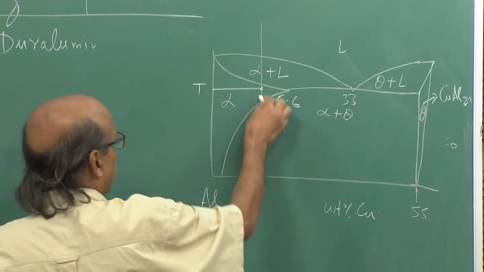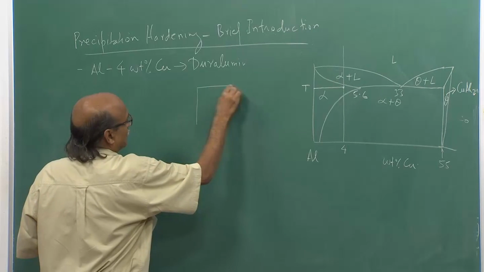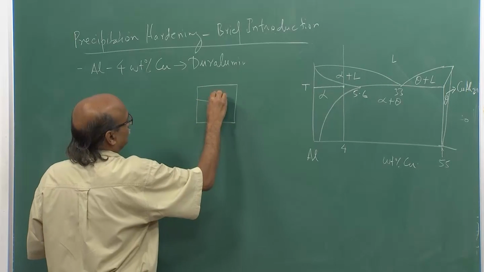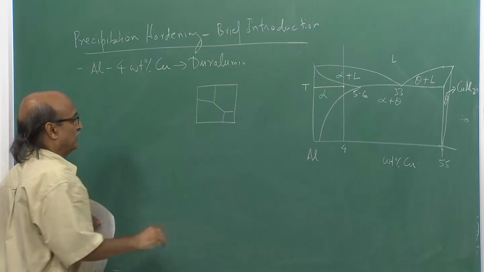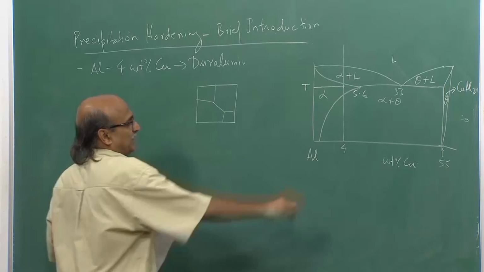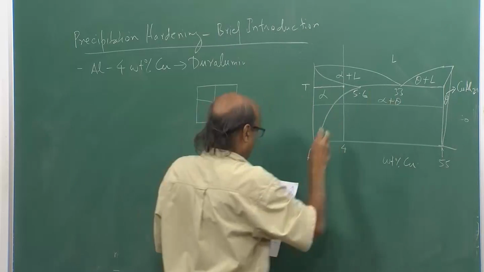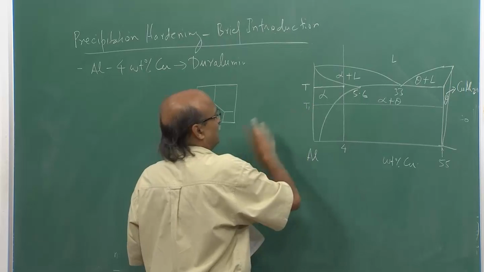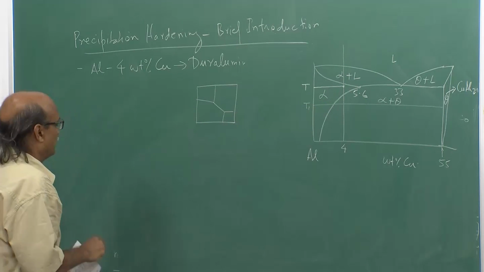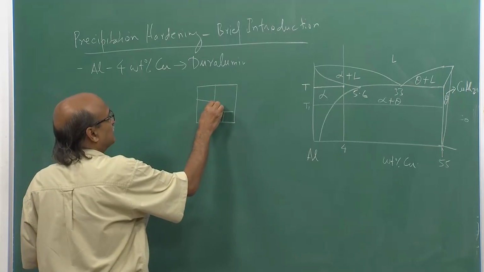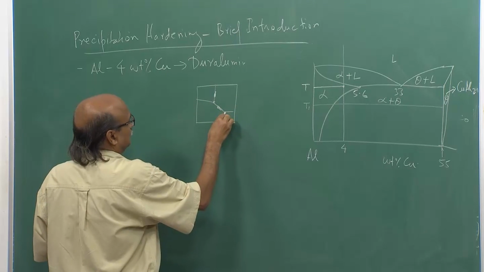If I start to cool down, then what should I get? Well, I start off with the alpha grains, and if I keep cooling down, let us say to some temperature T1, which is high enough for easy diffusion to take place, then the theta phase would start to precipitate on the grain boundaries.